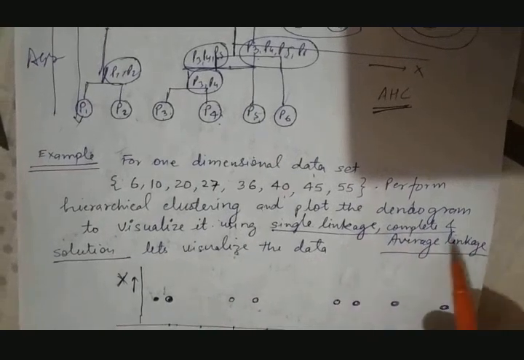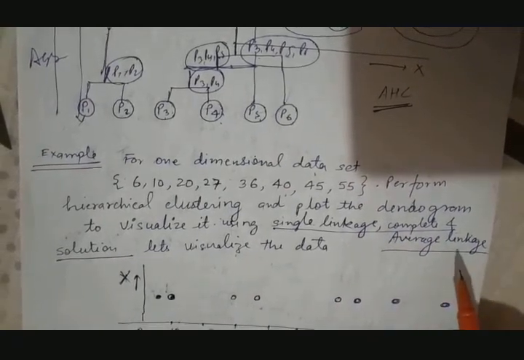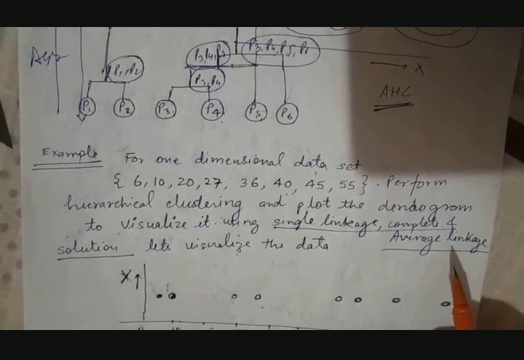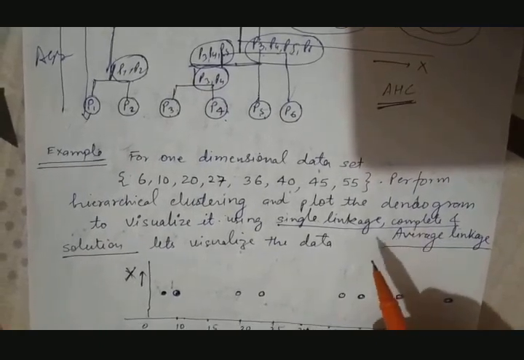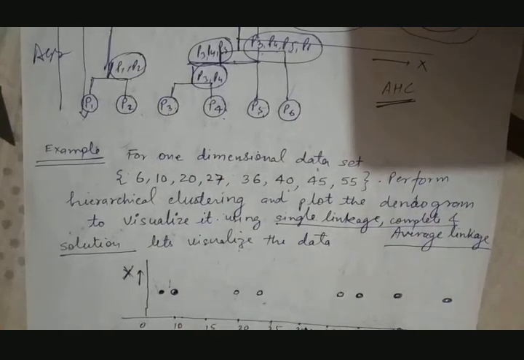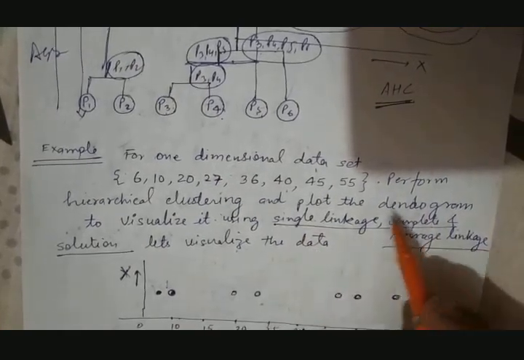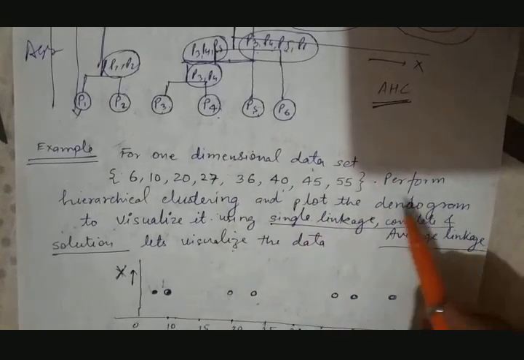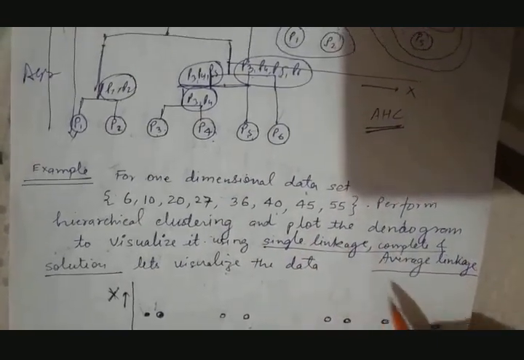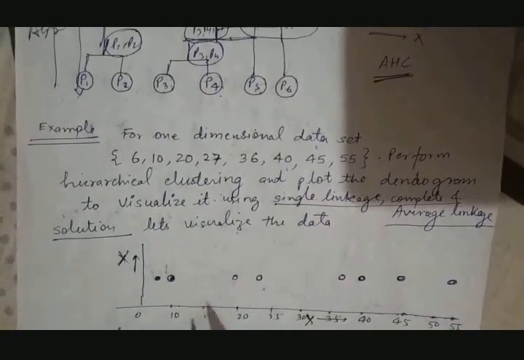And the third one is the average linkage. We find the distance between every pair of data points from the two clusters, and then we take the average, and that average is taken as the distance between these two clusters. So these three methods are used to find the similarity or dissimilarity between two clusters.